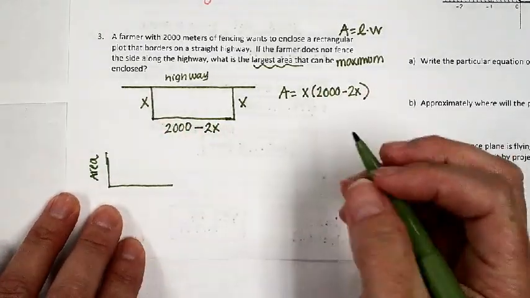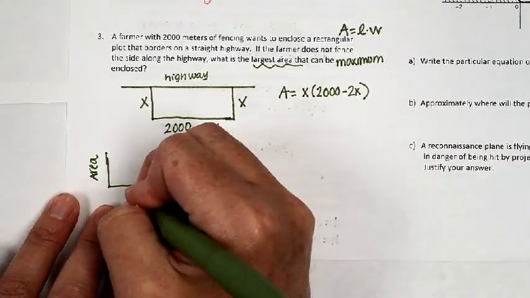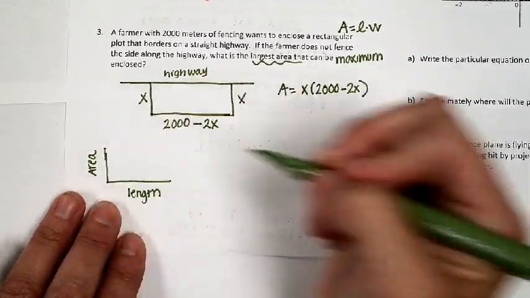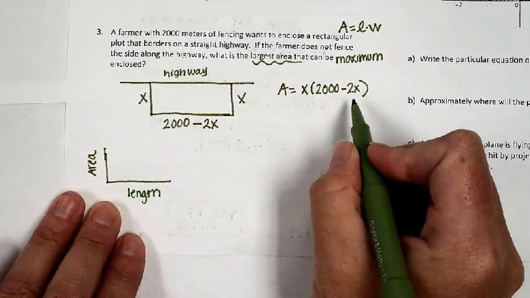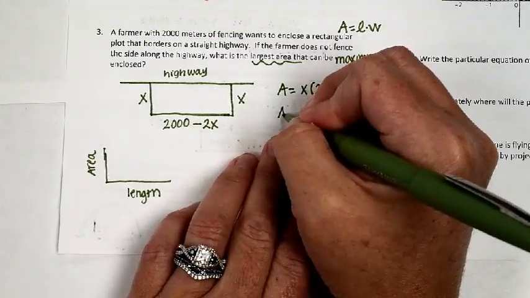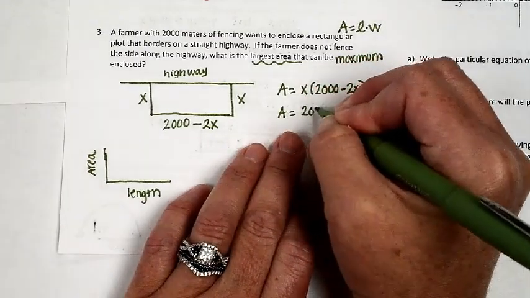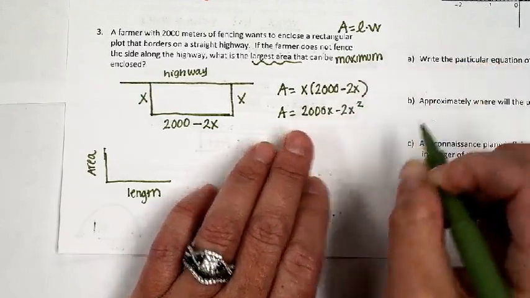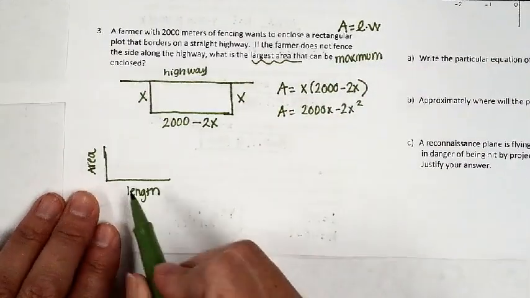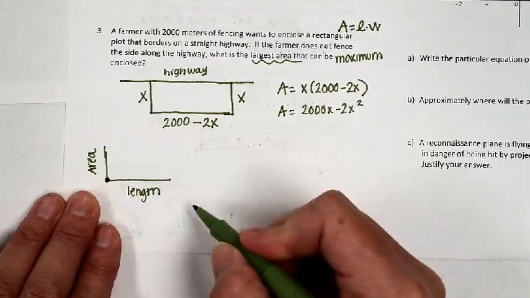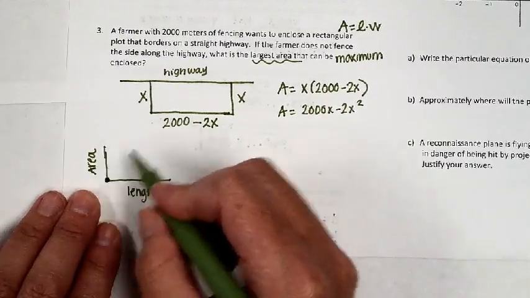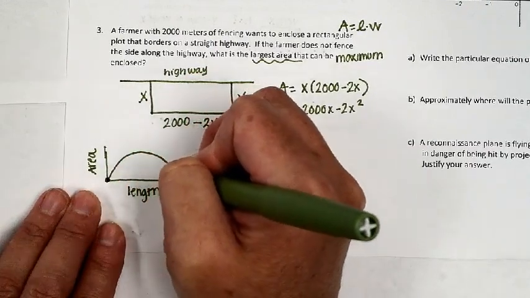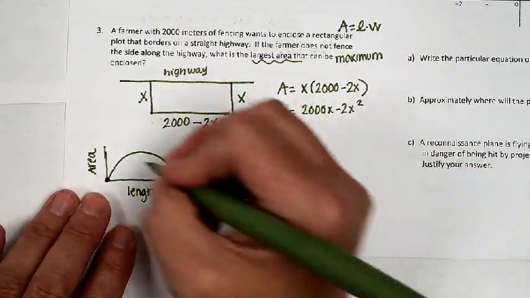If we multiply this out, it's 2,000x minus 2x squared. You can see that it's quadratic. We would start here at 0, 0, because if x is 0, I don't have any area. It's going to come up and then come back down. Right here would be your vertex, your maximum, and you can see, given the picture, how that would be your greatest area.